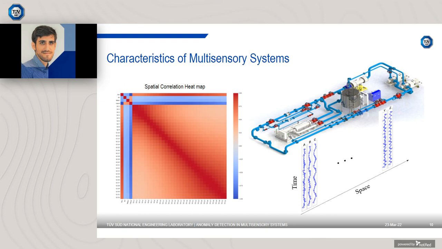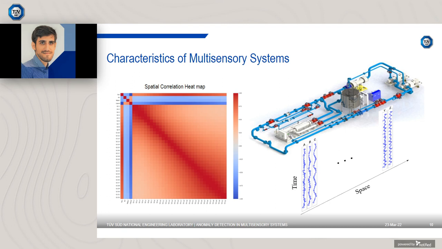Sensors A, B, and C, which are at the far end of the facility, share common statistics, like the periodic characteristics and the frequencies. But as we go farther to the right hand side, we will see that signals Y and Z have different characteristics compared to A, B, and C. So this is a spatial correlation that exists in a multisensory system.